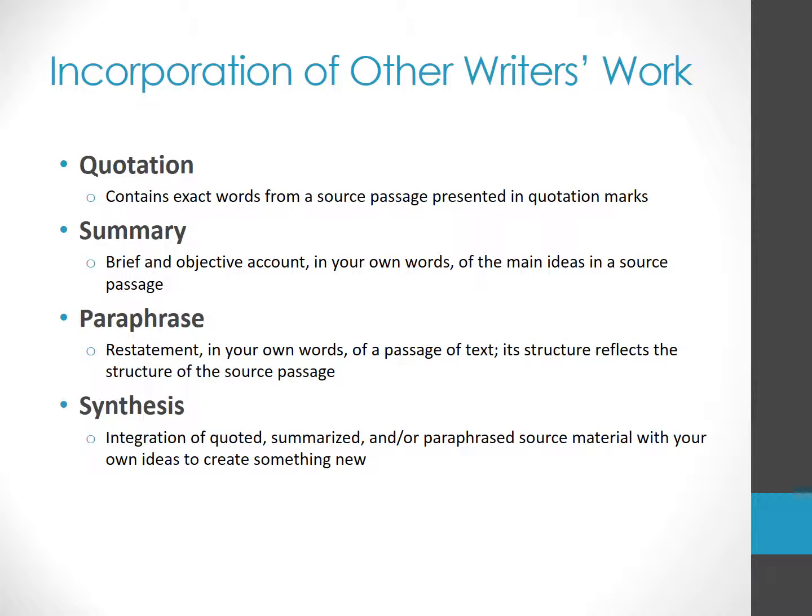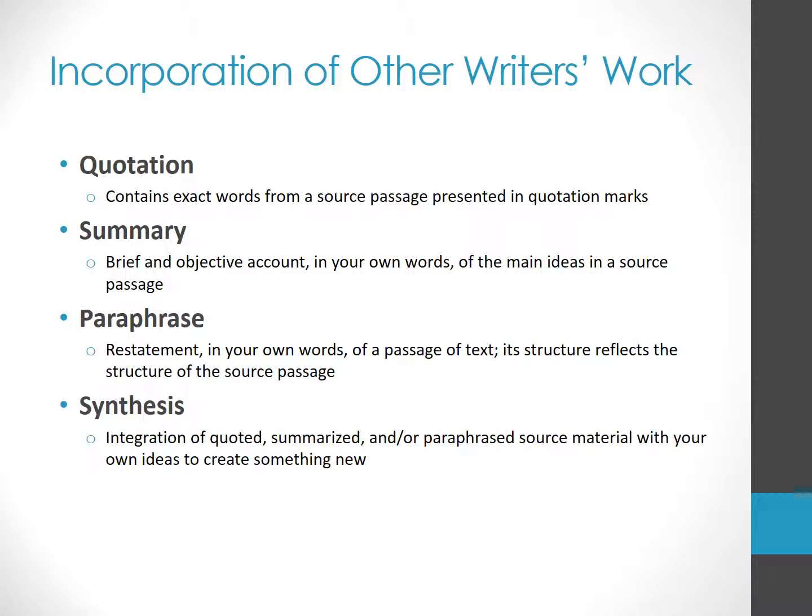When you write an academic paper and you've conducted some research, you're going to be incorporating work from other writers. Let's talk about the difference between quotation, summary, paraphrase, and synthesis. A quotation contains exact words from a source passage presented in quotation marks.